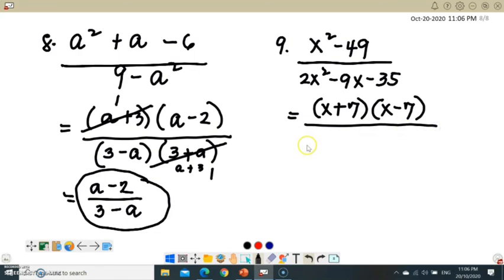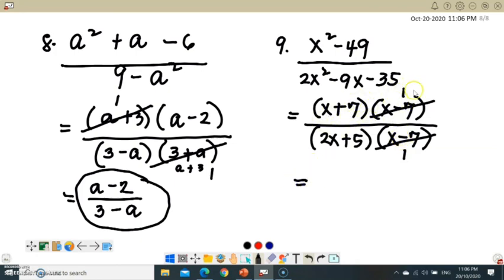What are its factors? So the factors of 2x squared minus 9x minus 35 are 2x plus 5 multiplied by x minus 7. So we cancel x minus 7 and x minus 7. What's left here is 1. Here is 1. Then we multiply the numerator.